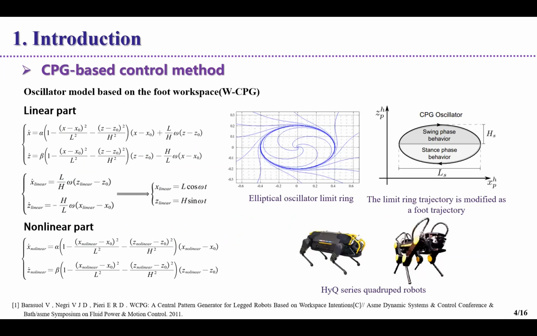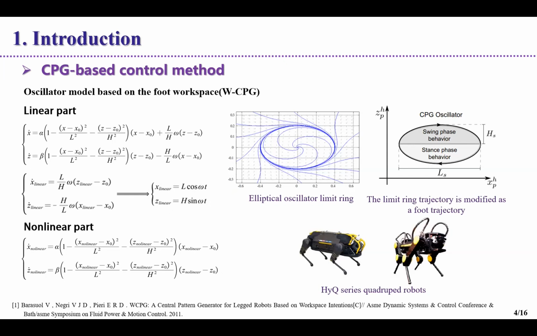Since then, IIT has proposed an oscillator model with an elliptical limit cycle, and the shape of the limit cycle has been modified to make it semi-elliptical so that the trajectory of the foot end can be directly planned with the limit cycle equation.